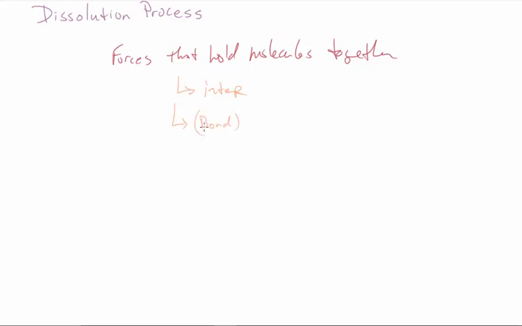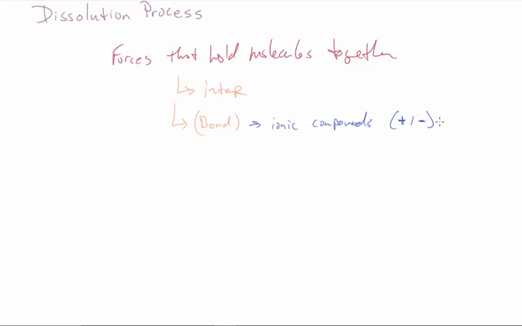Most of the bonds we're going to look at today are from ionic compounds. And remember, an ionic compound is just a cation and an anion that are attracted to each other because of that opposite charge, that Coulombic force, all right?